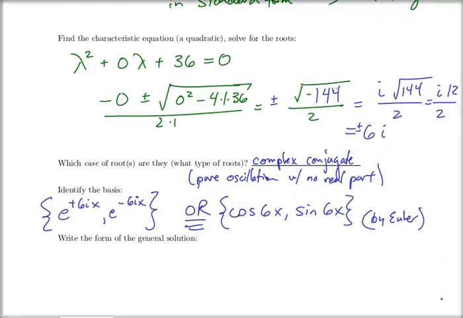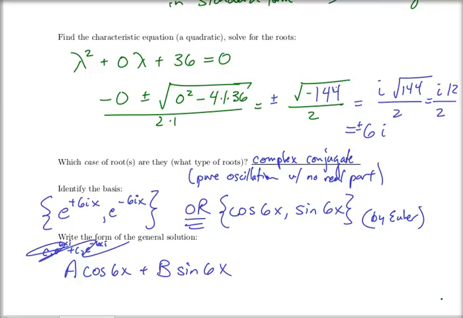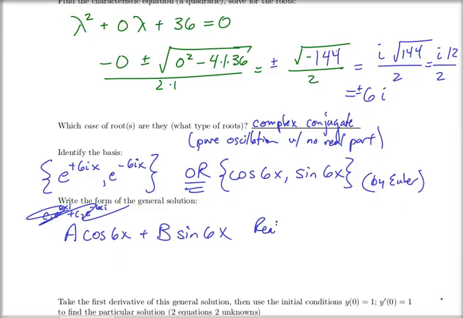You don't have to explain that on the test, just switch to that basis and then write the form of the general solution. We might say A cosine 6x plus B sine 6x. We could write it out as C1 e to the 6ix plus C2 e to the minus 6ix, but we don't like that. We want the real solutions.